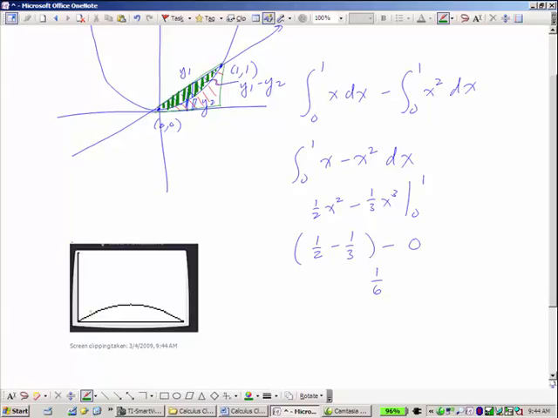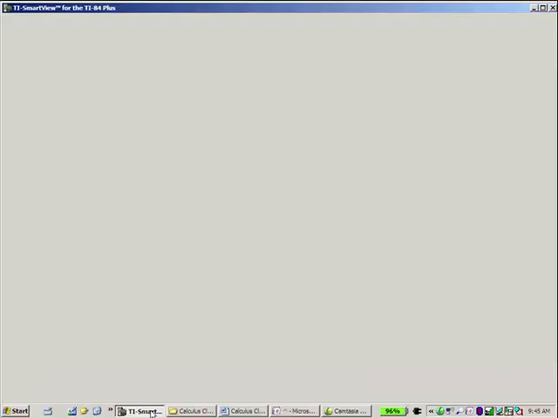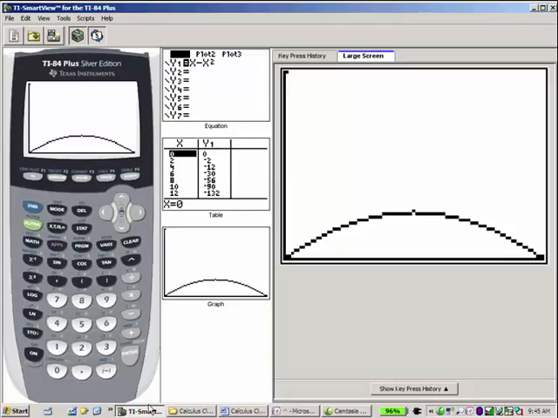Alicia's method, the only thing different is we're still taking those rectangles, but we're just putting the rectangles on the x-axis now. So these are the same rectangles that we have up here. We're just lining them up along the x-axis. Here they weren't lined up along the x-axis. So by saying the tall function minus the small function, we get the same rectangles, but lined up along the x-axis. And now when we line them up along the x-axis, we can use our calculator.